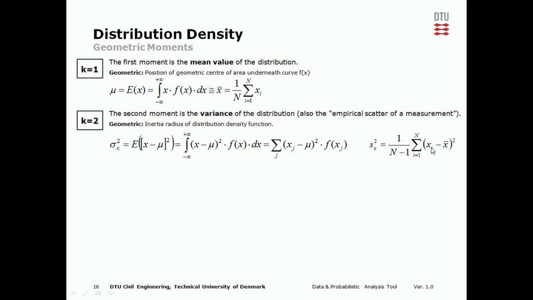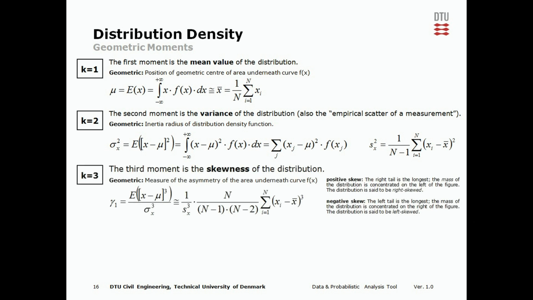This difference is in principle nothing else but the variation of the data points from the mean value. Summing them up and dividing them again by the number of data points minus 1 gives us the variation, or the variance, of our data set.